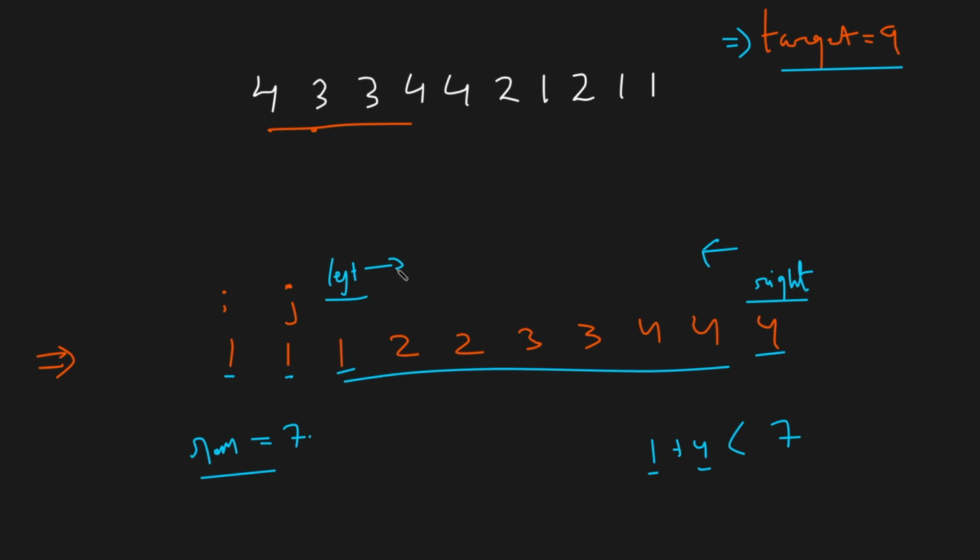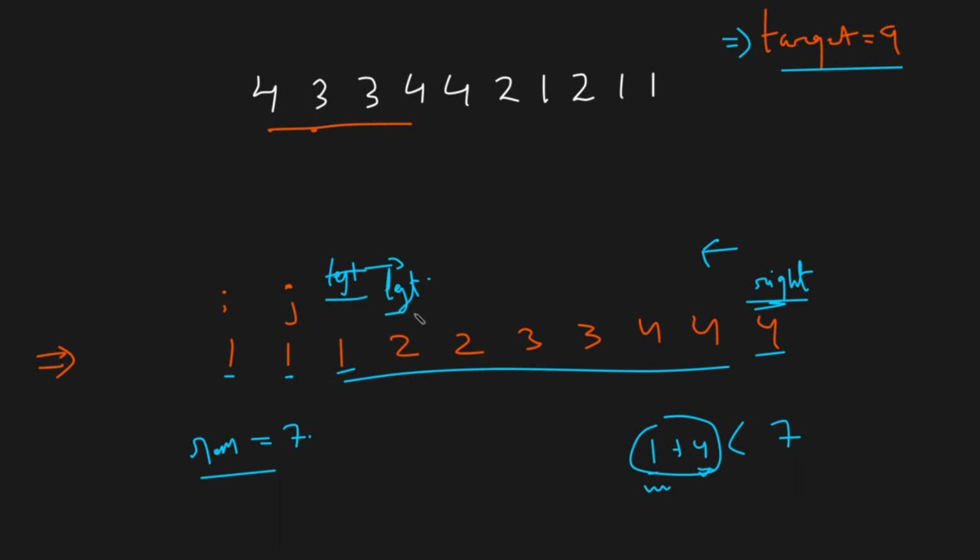Now you know one thing, if you move the left pointer to the right, you might get a bigger number on the left, but if you move the right pointer to the left, you might get a smaller number. And you know that your 1 plus 4 is already smaller than 7. So doesn't it make sense to move this left pointer over here? Because we're going to increase that 5 in order to reach 7.